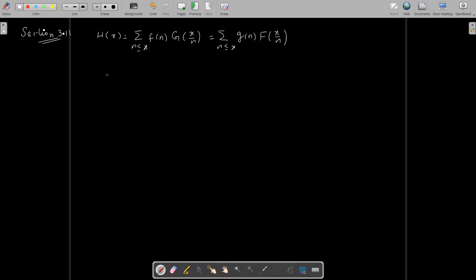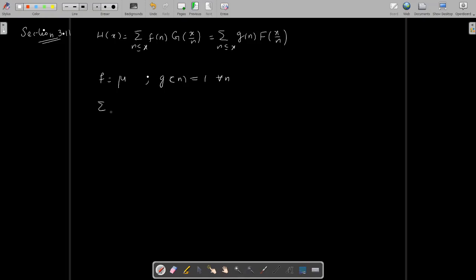First we will replace f as mu and g as the same function we defined in the previous theorem, g of n equal to 1 for all n.